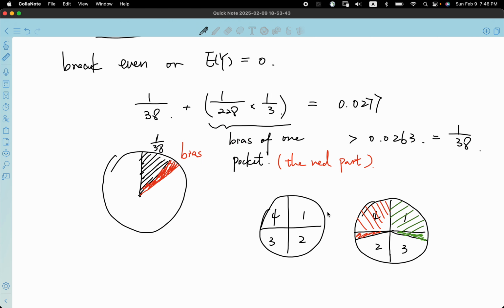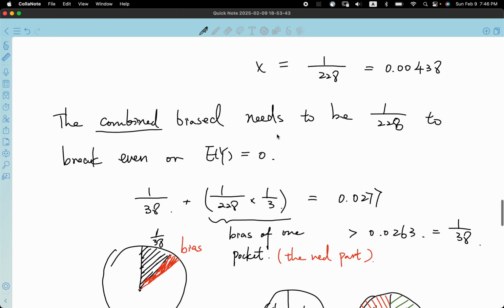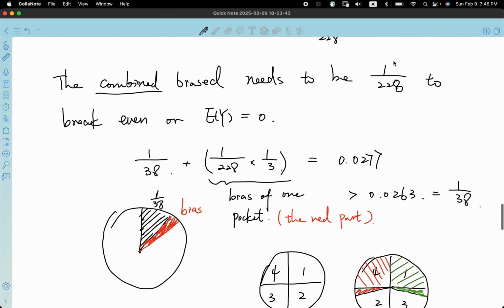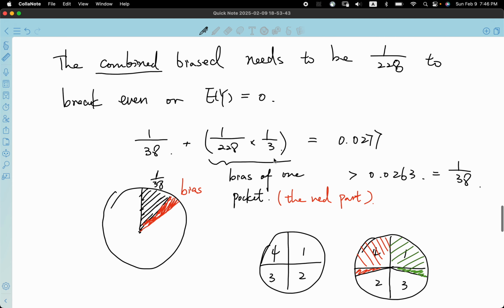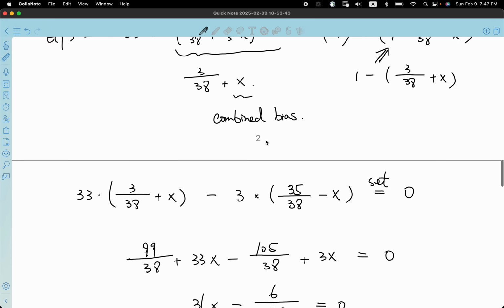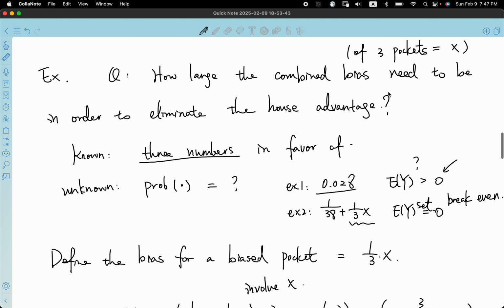So the X here is referring to the combined bias, which is 1/228. And then here we're referring to 3 particular pockets that have this kind of bias. So if you want to calculate the probability for a particular pocket, then you need to divide it by 3, because X is the combined bias for the 3 pockets.